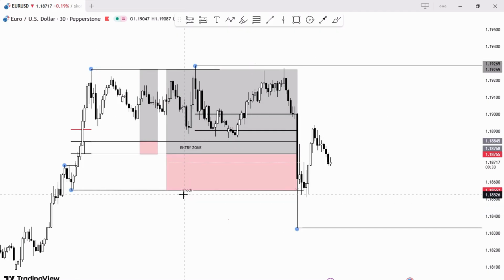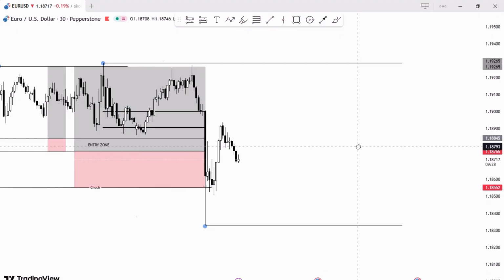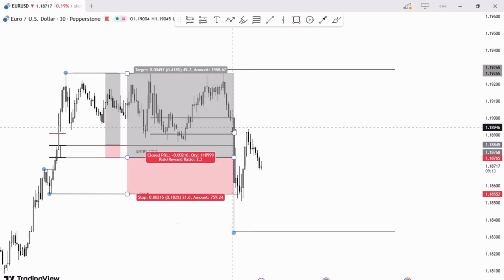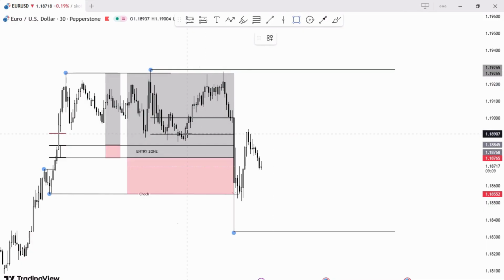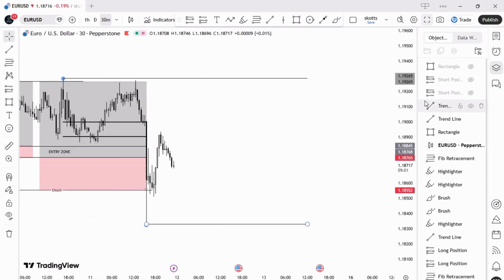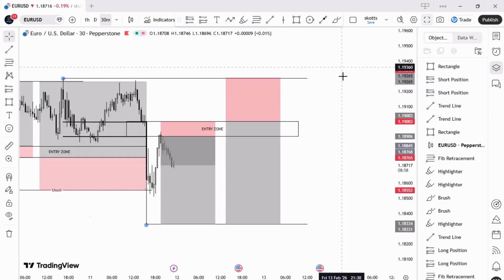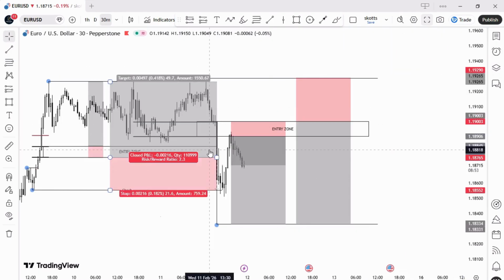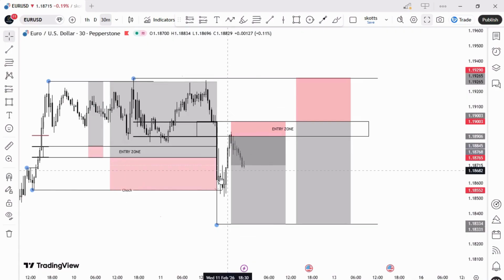This is our change of character here. So now we are in a new trend. This is our high, and this is our low, so it's a trading range. When we have a trading range, I use the Fibonacci retracement tool and map out my area of interest, and then wait for price to trade all the way to my area of interest.